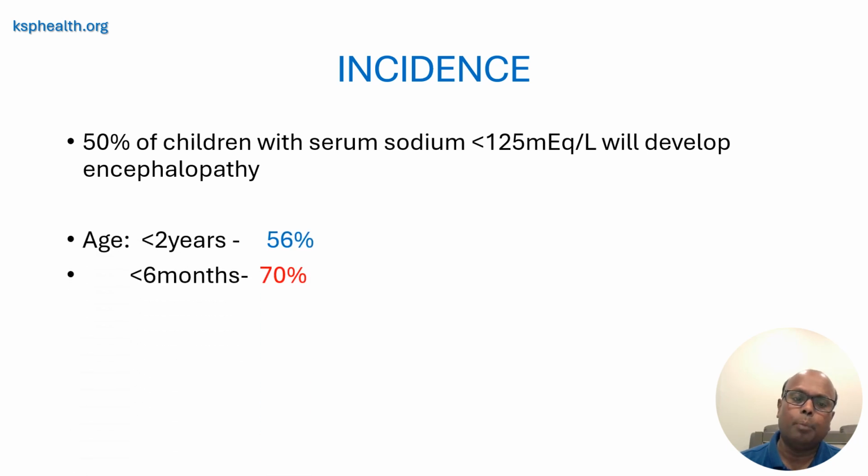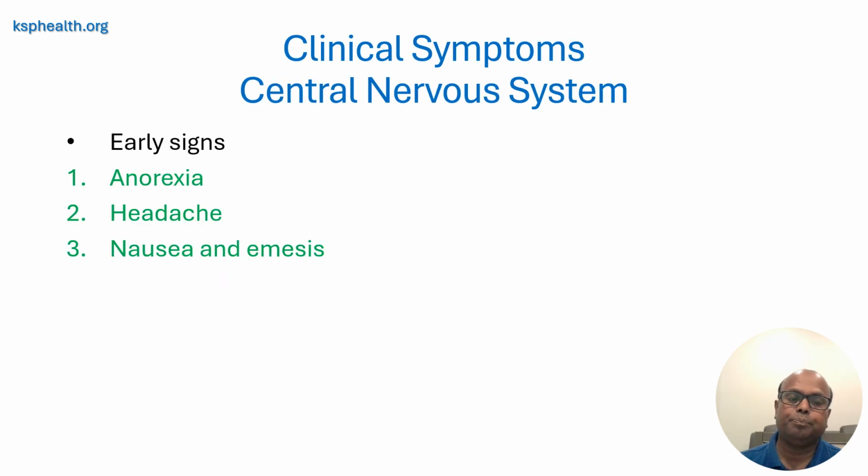The numbers go up when the age is lower. When children are less than 2 years, 56% of them develop hyponatremic encephalopathy. When they are less than 6 months, 70%. When they are very little, less than 1 month, maybe all of them will develop hyponatremic encephalopathy.